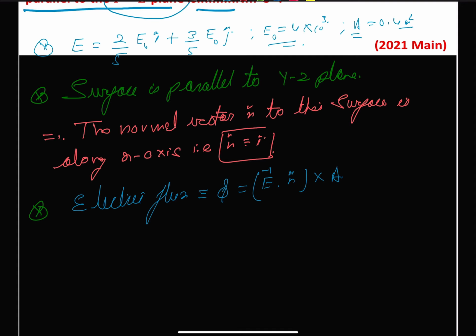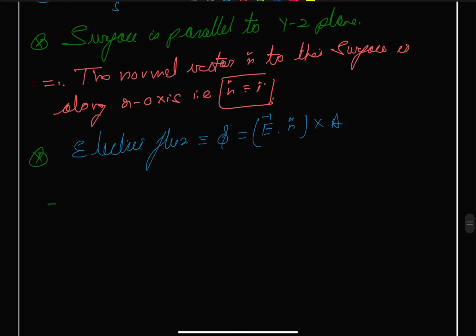So we already know our electric field is given to us as 2 by 5 E naught I unit vector plus 3 by 5 E naught J unit vector, dot n unit vector, which is our I unit vector, and this is whole multiplied by the area vector, which is our 0.4.